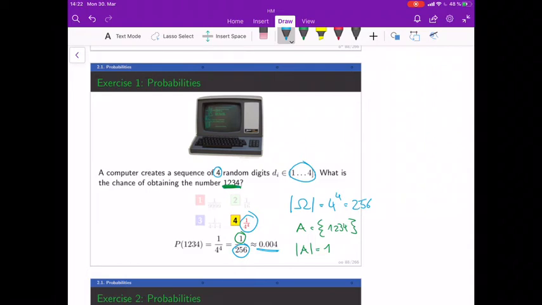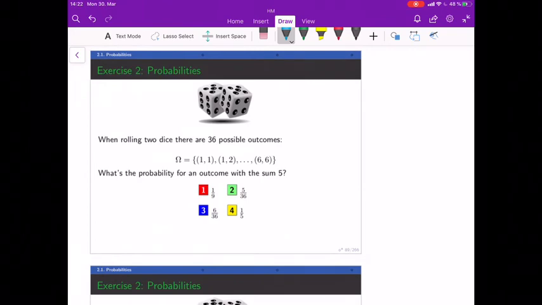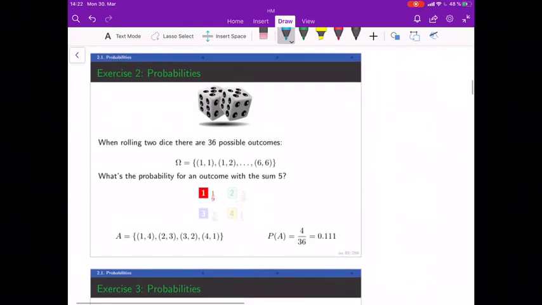Let's try another one, a bit more complicated. We've got 2 dice, obviously 6-sided dice, 36 possible outcomes. What's the probability for an outcome that sums up to 5? Exactly, 1/9. How do we know? Well, we can just count.